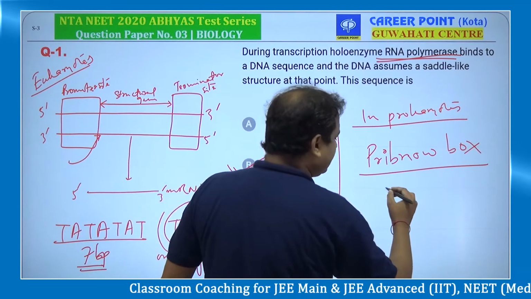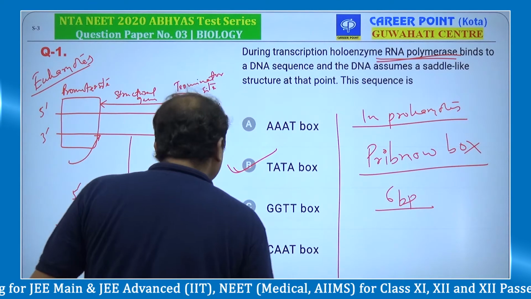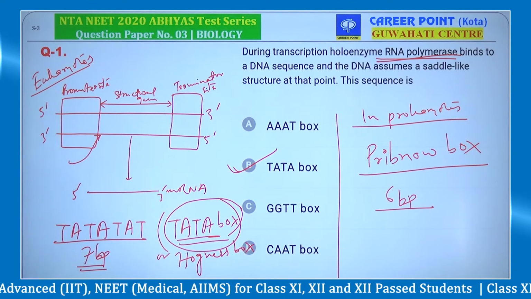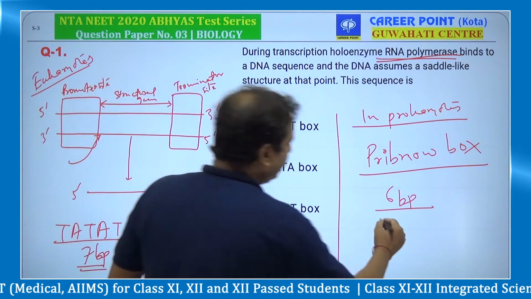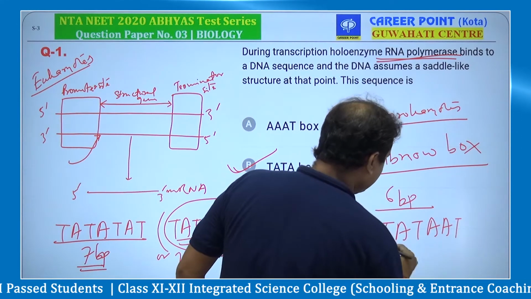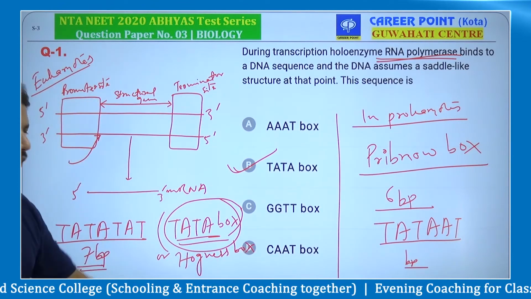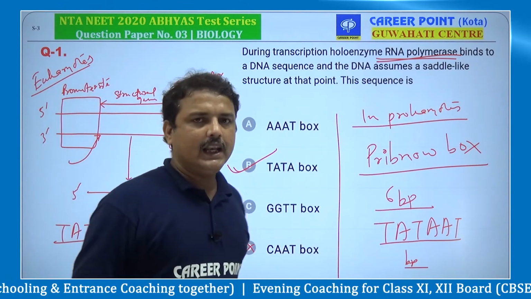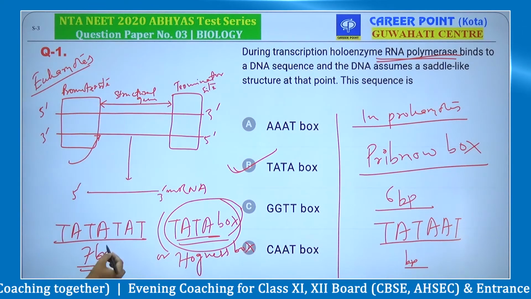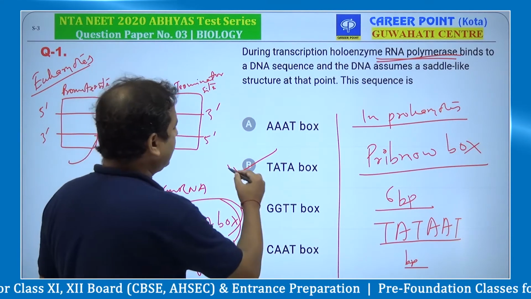This Pribnow box is 6 base pairs, the sequence T-A-T-A-A-T. Fine. So that is called the Pribnow box in the prokaryote cell, and in eukaryotes the Tata box or Hogness box. Clear? So here the answer is B.